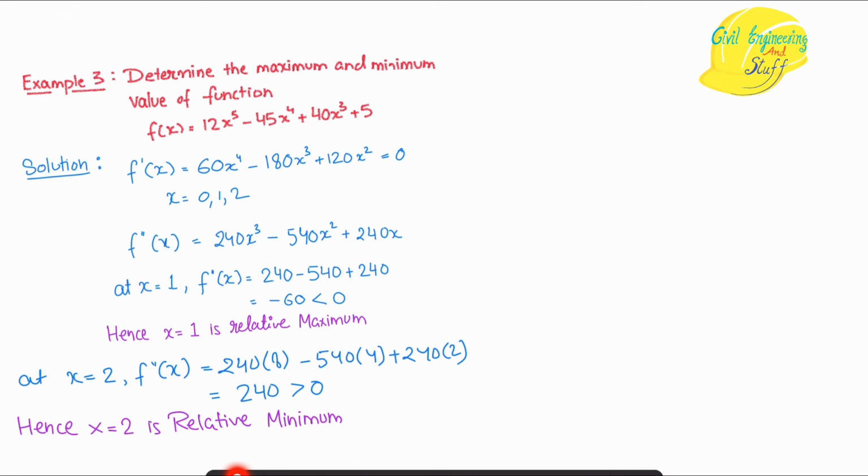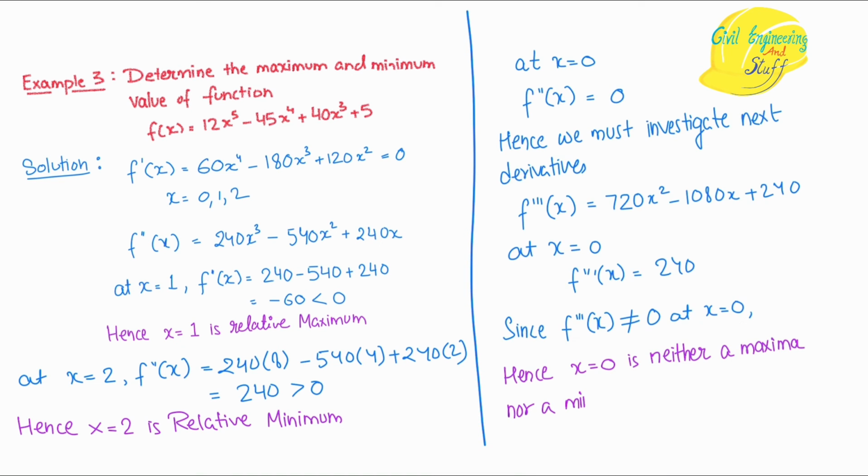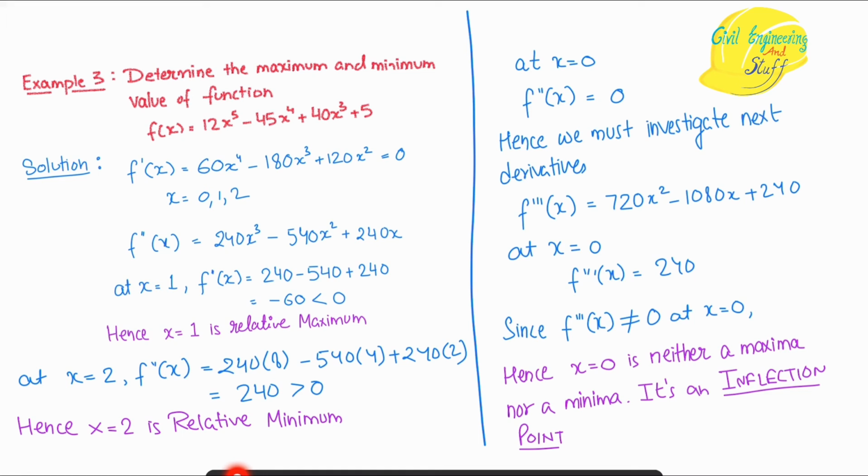Now let us check for x equal to 0. At x equal to 0, the second derivative is 0, hence we must investigate the next derivative. Because we have to find the non-zero derivative, we go to the third derivative, and we have a non-zero value.